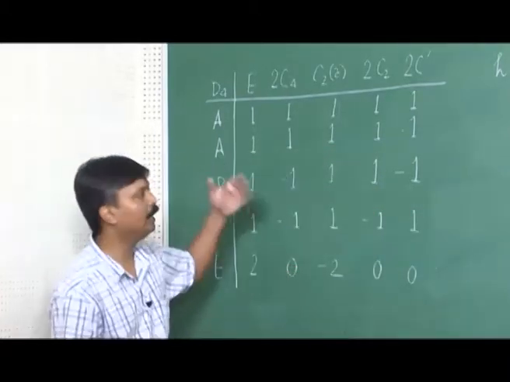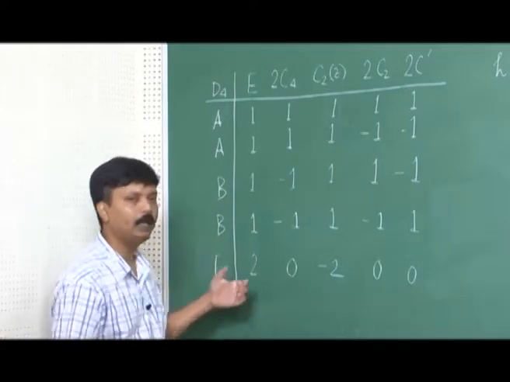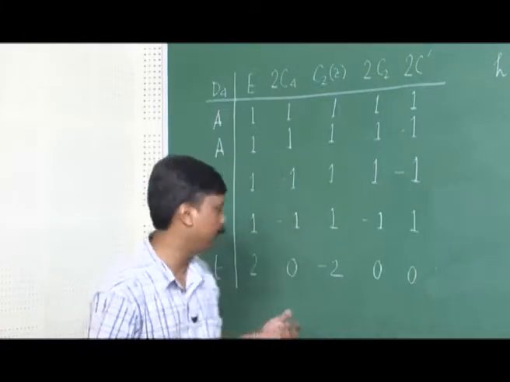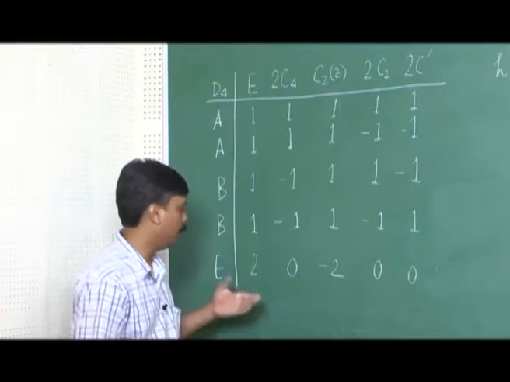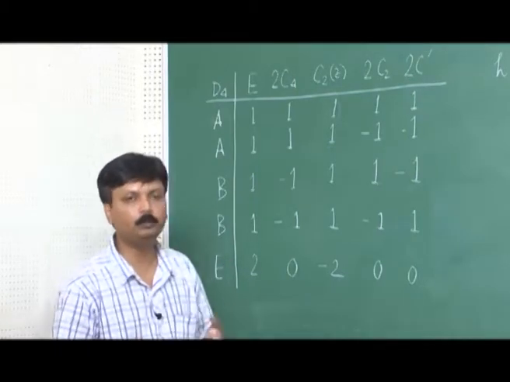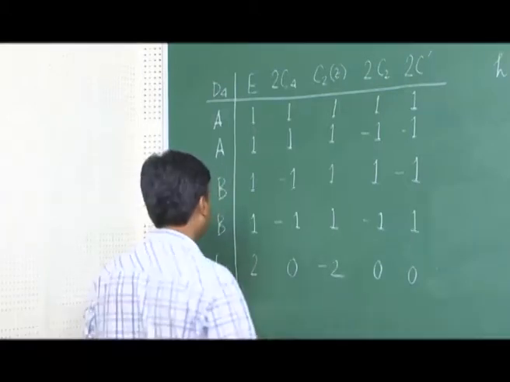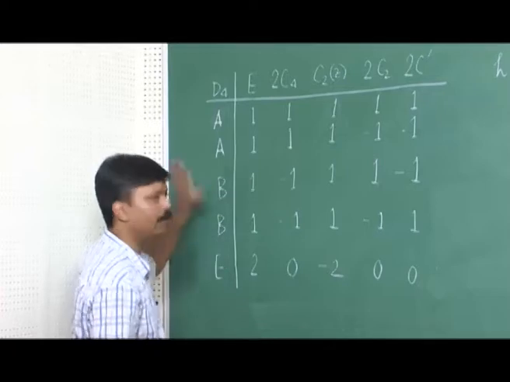Since there is no center of inversion, we don't have to worry about g or u subscripts. Neither do we have another two-dimensional representation, so we don't have to separate two different E type representations. E will remain as such. We only have to worry about the A's and B's.